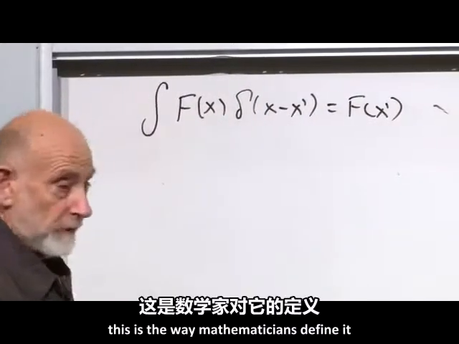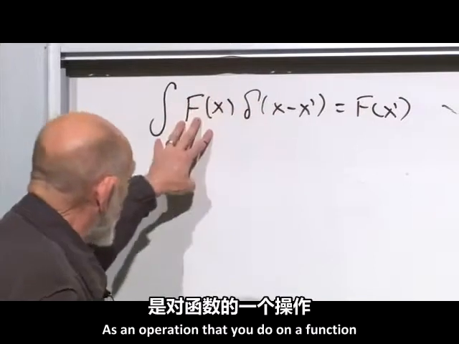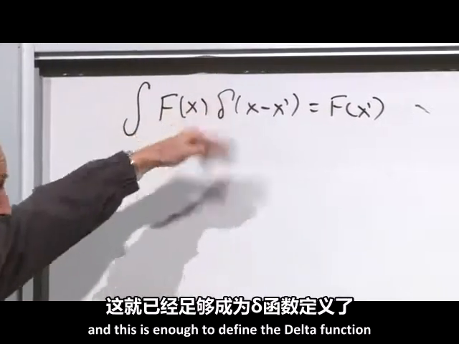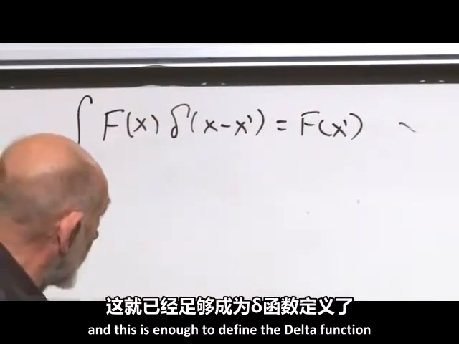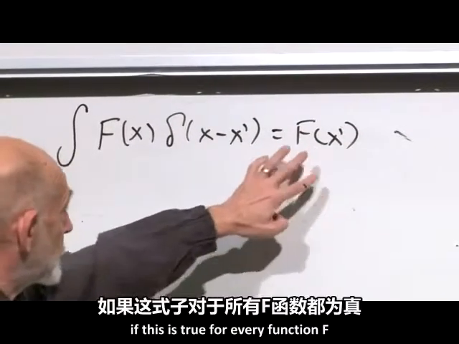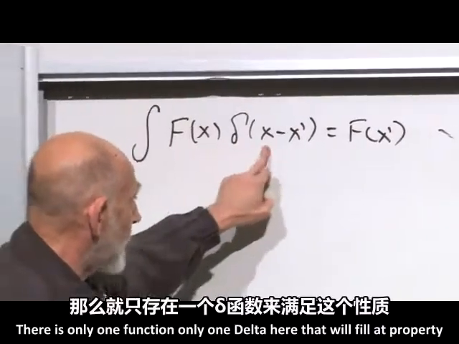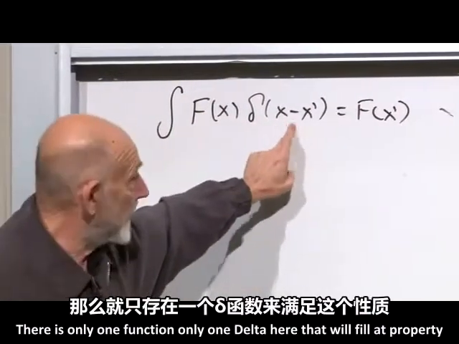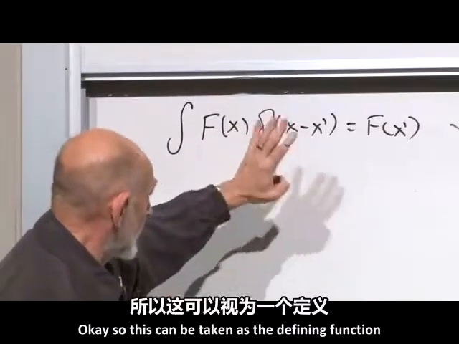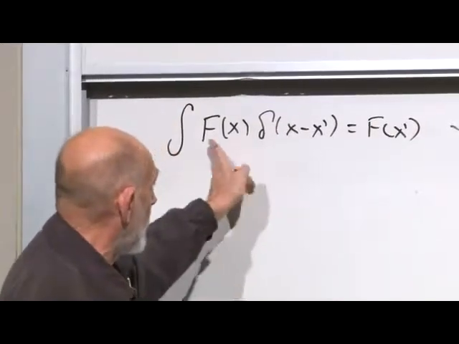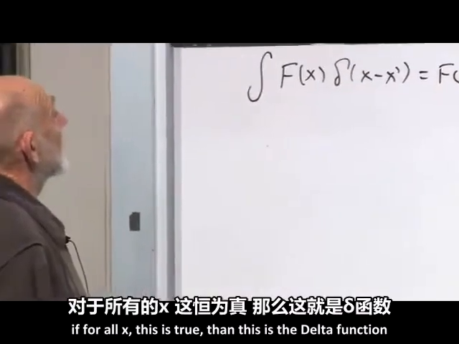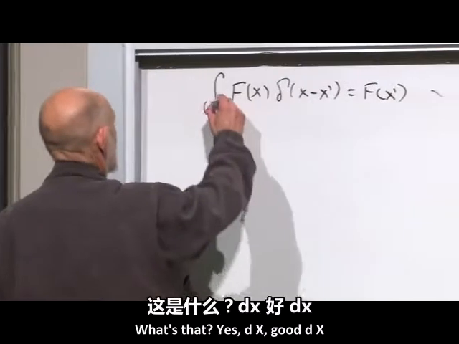This is the way the mathematicians define it, as an operation that you do on a function that gives the value of the function at some point. It's not enough if there's only one function f. But if this is true for every function f, there's only one delta that will fulfill that property. So this can be taken as the defining property: if for all f this is true, then this is the delta function. Dx, good.